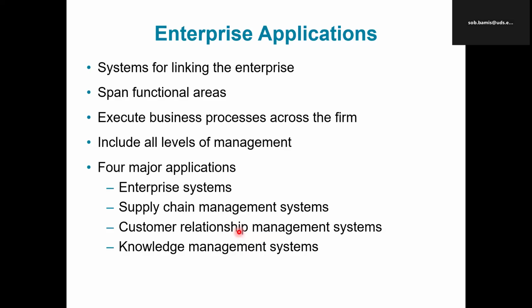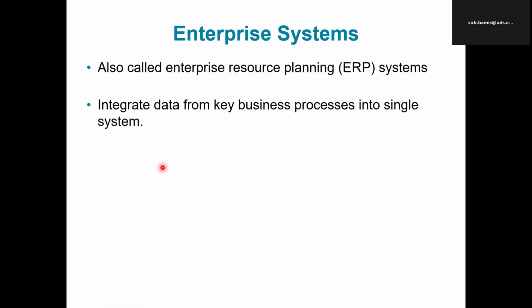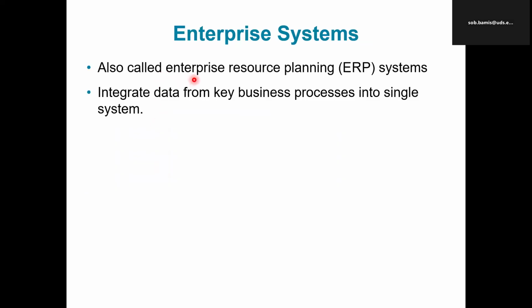Once you have a system that brings all the functional areas together in the organization, you call it an enterprise information system, also called an enterprise resource planning system.